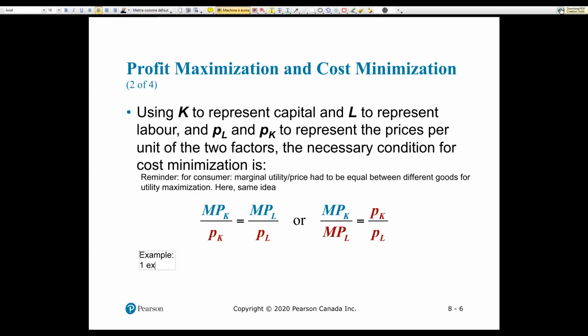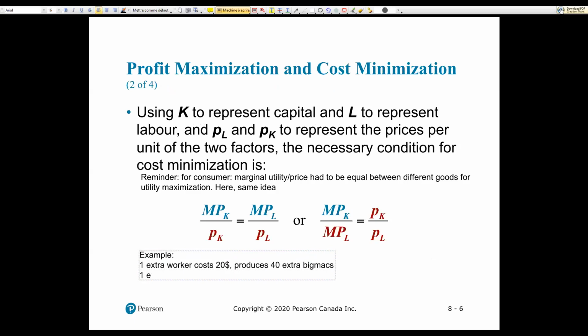One extra worker costs $20, produces 40 extra Big Macs.